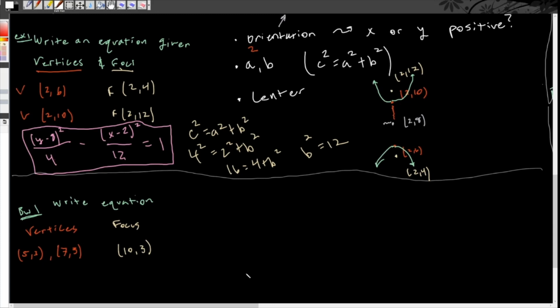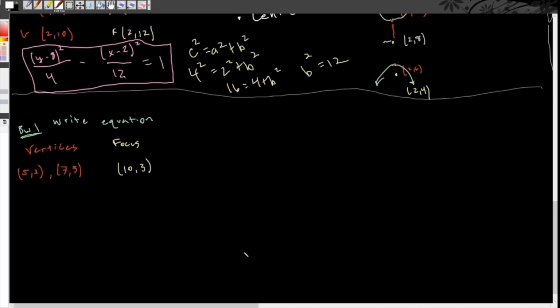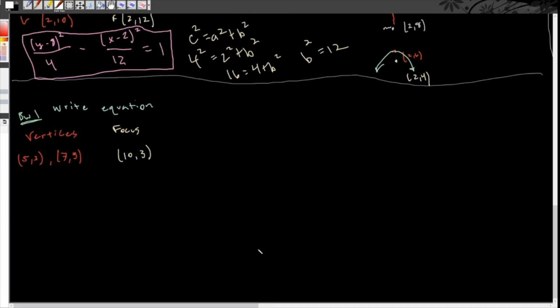Let's take a look at the solution. So, vertices are at 5, 3 and 7, 3. So the center is at 6, 3.